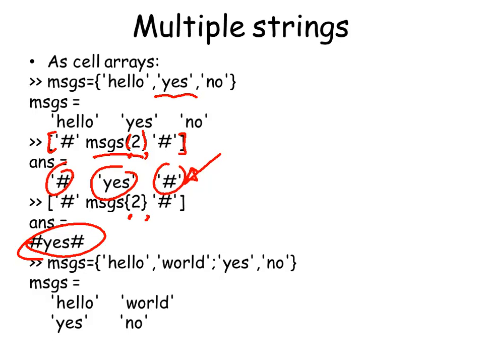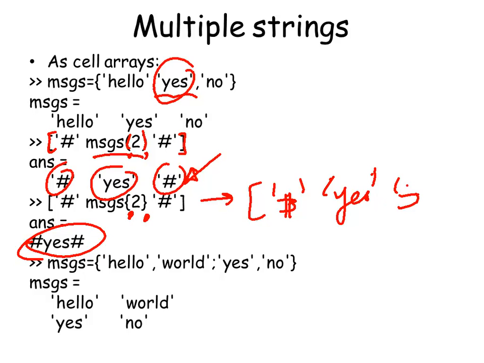In the next example, I used the curly brackets, so I'm extracting the contents of the messages 2, which is a character string yes. So this is equivalent to saying square brackets, pound, yes, and then another pound.